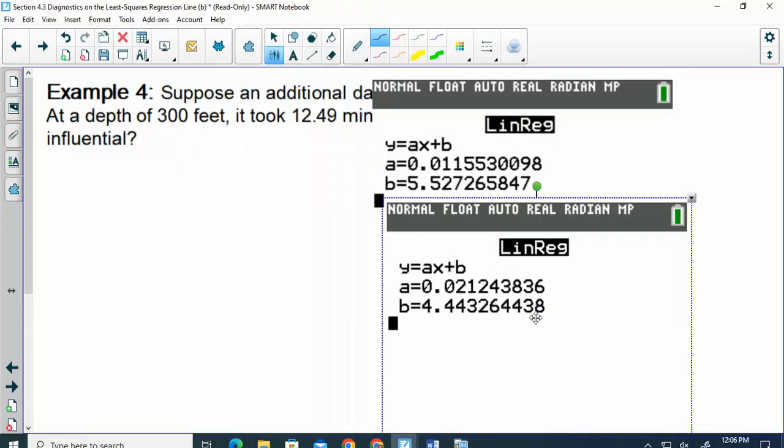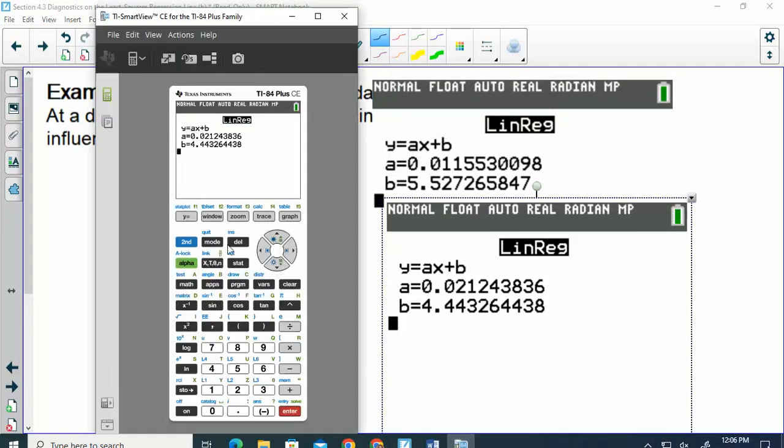So here's the new linear equation. If you want a visual, you could always graph that. And so we can see there's the original, the blue one, the red one's my new one. Did that look influential? Yeah, it really changed the line.